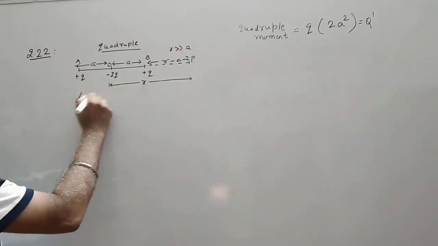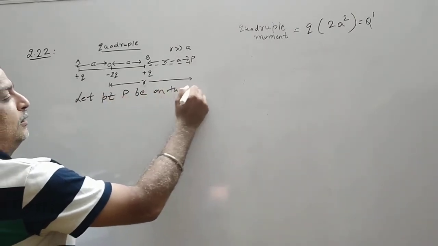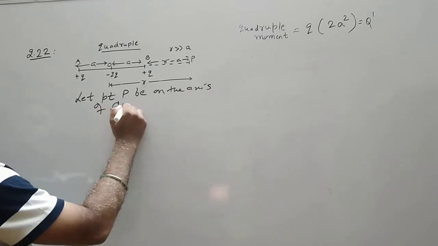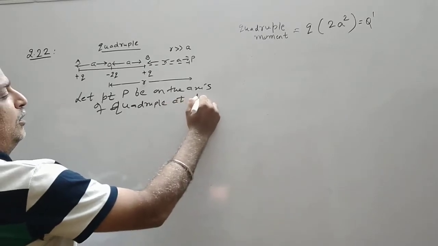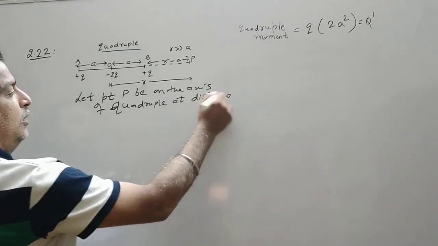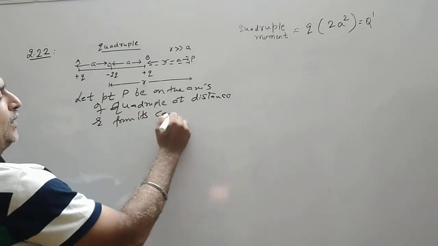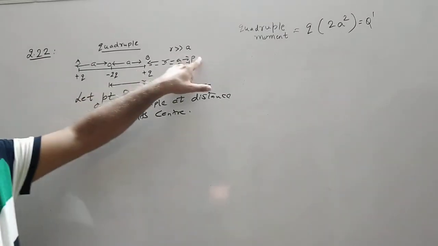So let point P be on the axis of the quadrupole at distance r from its center. Distance is measured here from the center. We have to find out the potential at point P.